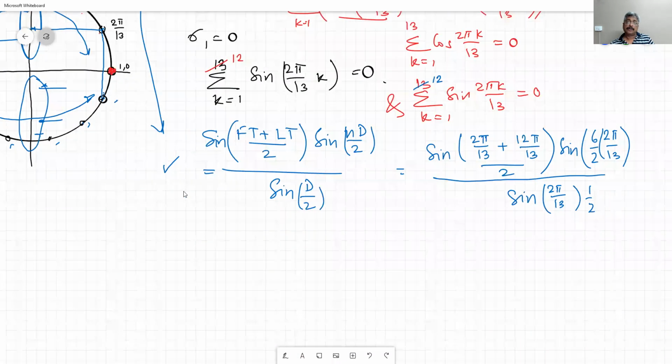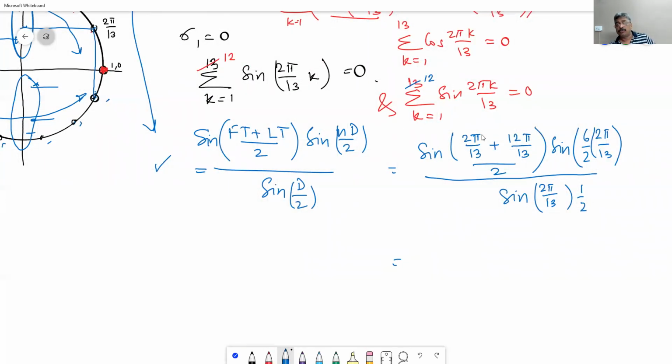Therefore this comes out to be 14 pi by 26, so sine of 7 pi by 13 times sine of 6 pi by 13, upon sine of pi by 13. And I don't think that this can be further reduced.